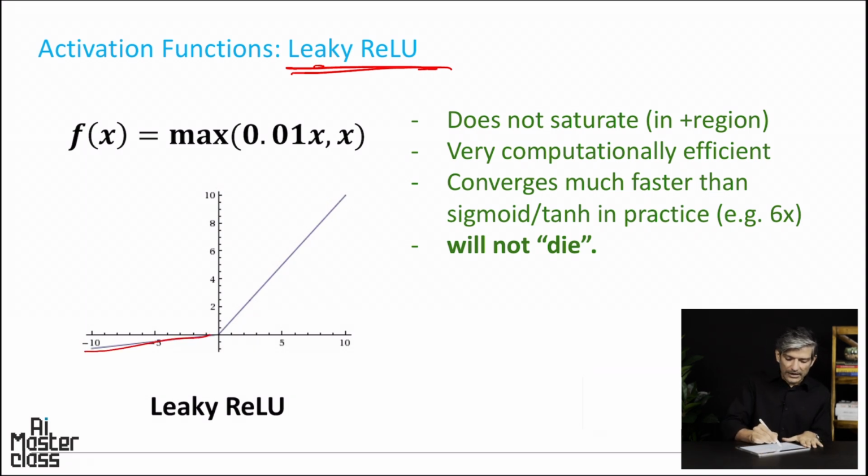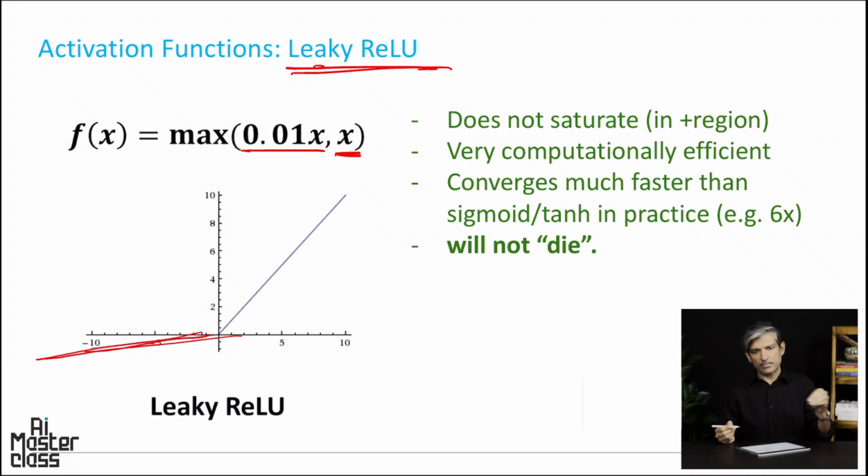It says, okay, in the positive region I'm always x, which is just copying it, but in the negative region I am, let's say, 0.01x, meaning I'm passing a little bit of the gradient. I'm passing 0.01 part of the gradient also in the negative regime. What are the advantages?